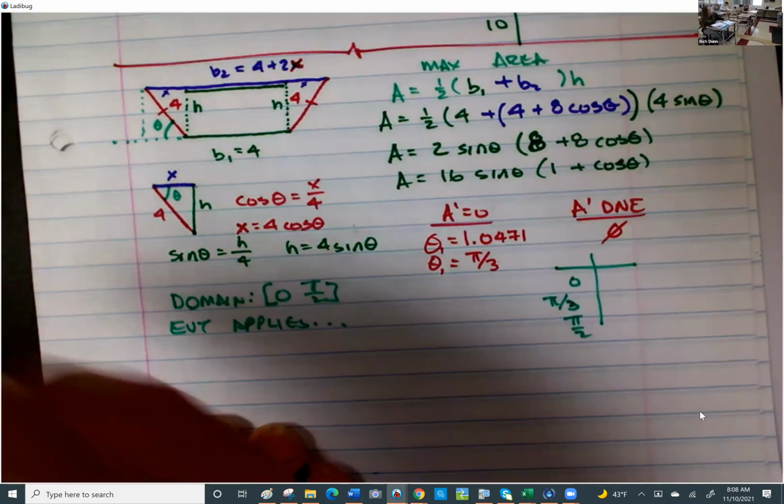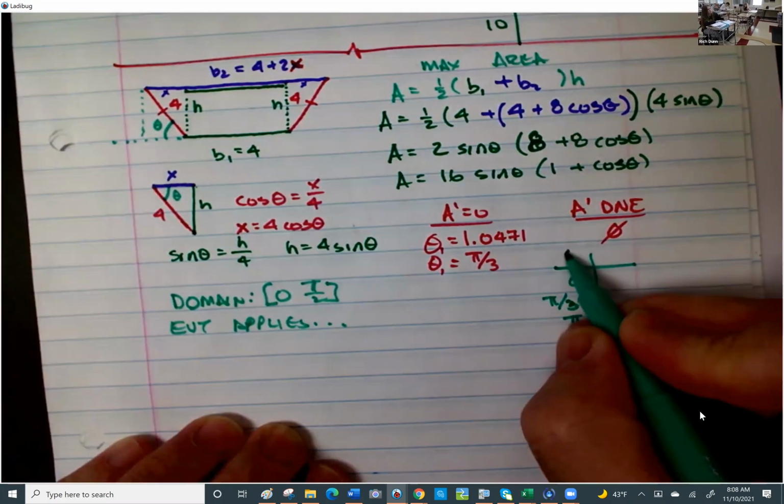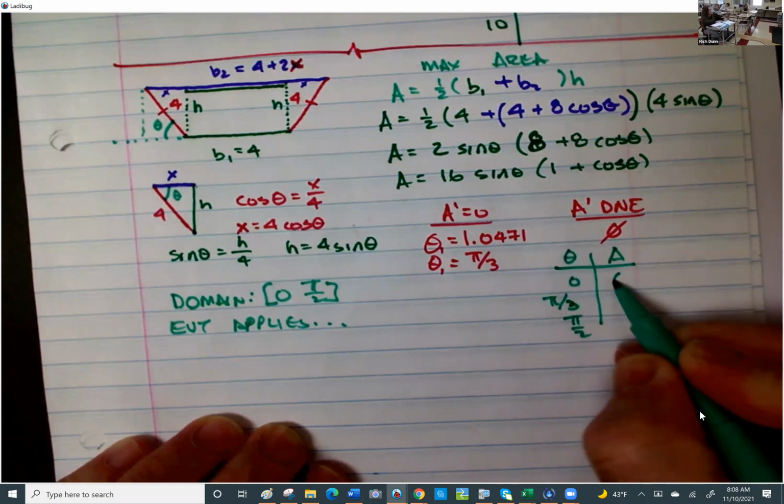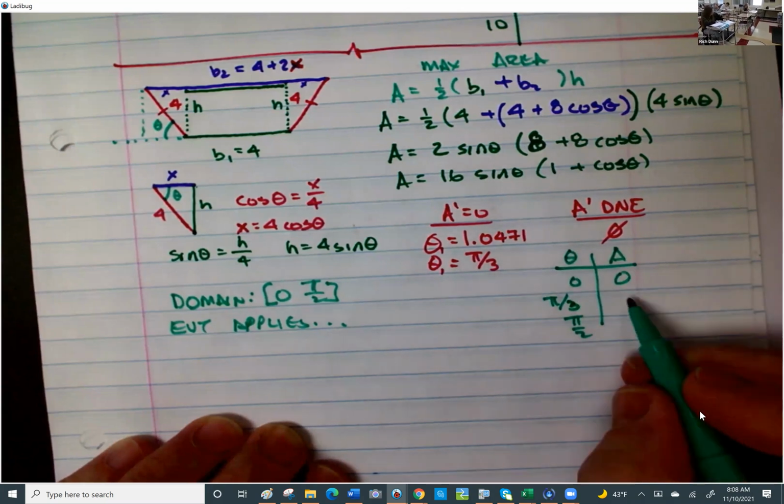And as a result, we had 0 area when we laid it out flat.